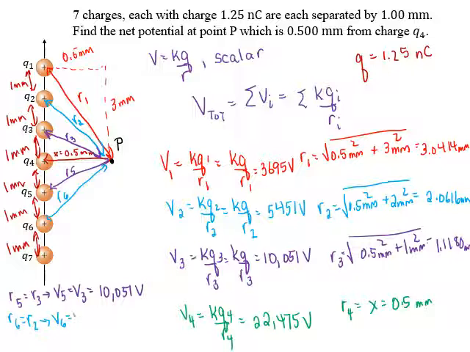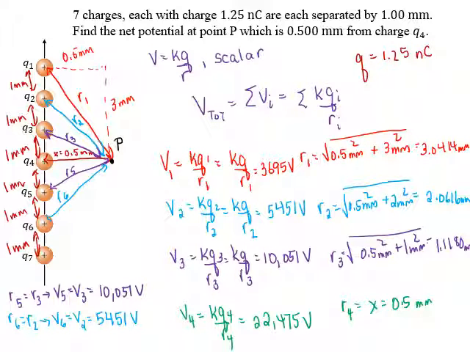So V6 equals V2. Remember, when this was an electric field problem, we had Y components canceling, X components adding up. Potential is a scalar. We don't have any components to find, so the components can't be canceling. We're just going to be adding up the numbers. Really important to keep in mind what's a vector and what's a scalar. So my V6 is the same as V2, 5,451 volts.